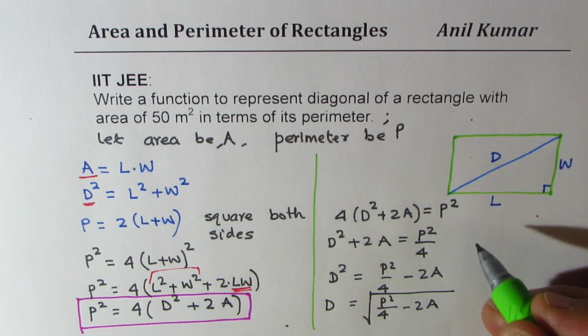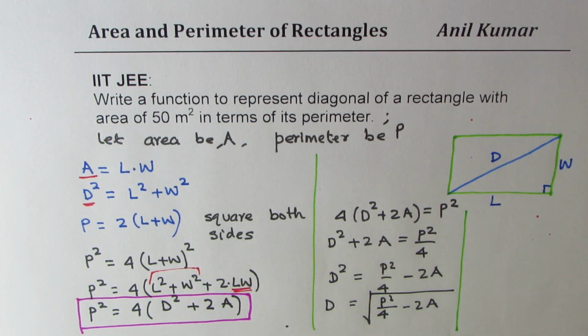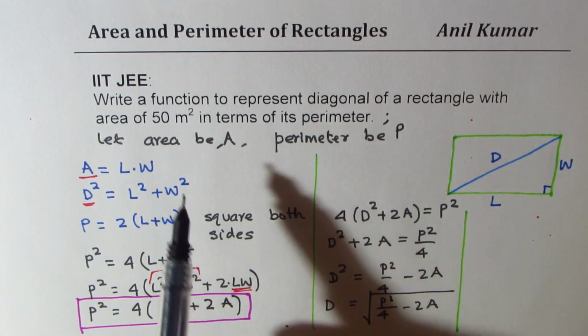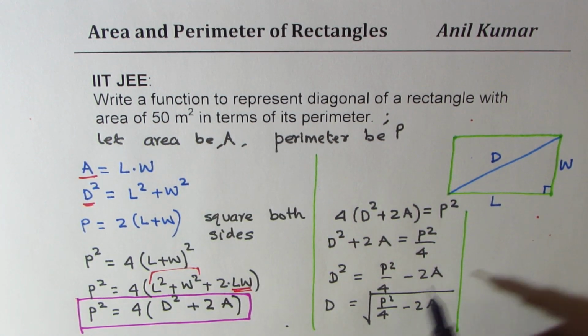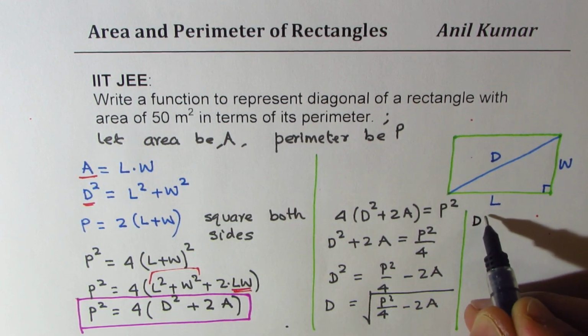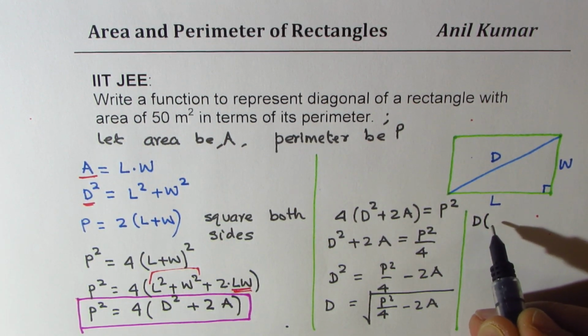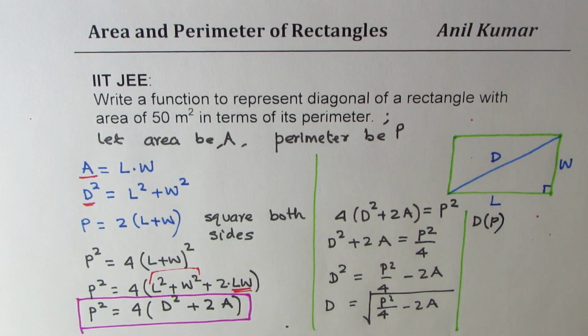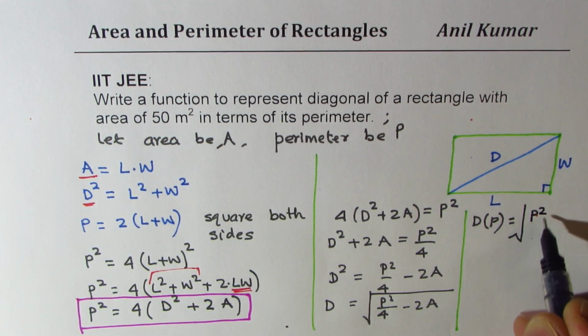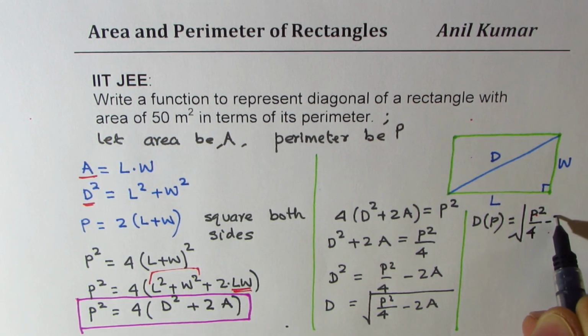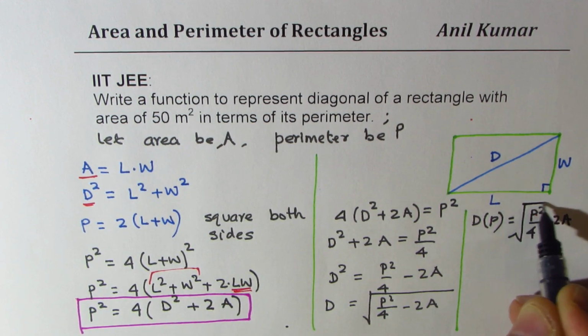And let me put it in function notation. Right? So for the diagonal, in this case we know the area. So in function notation, I will write the diagonal as a function of perimeter is equal to the square root of perimeter square divided by 4 minus twice area.